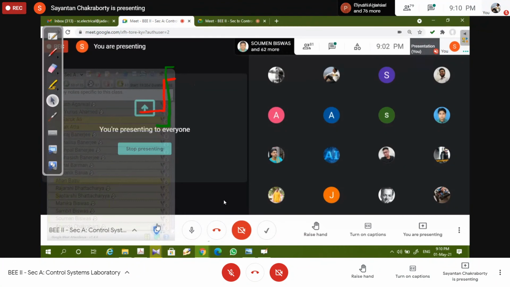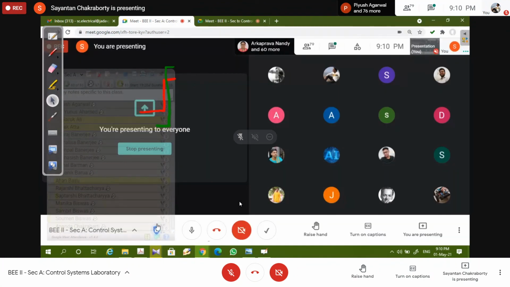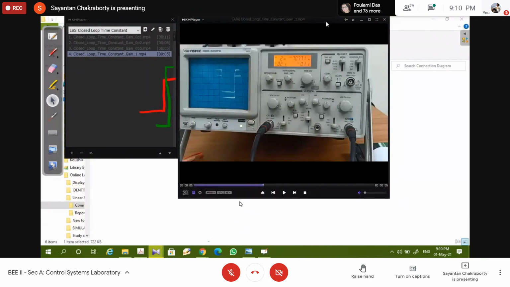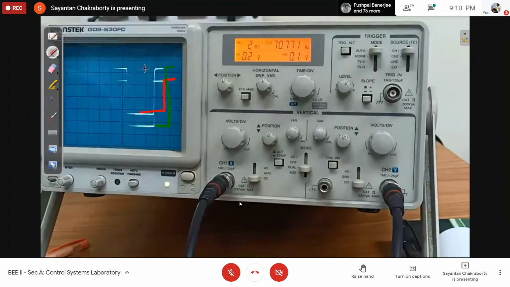If you look closely, the output is almost like two inputs.